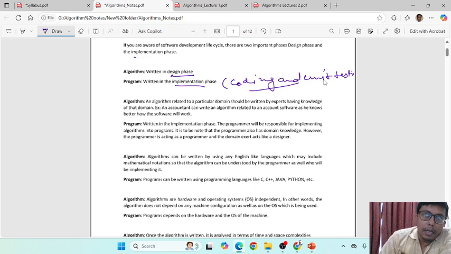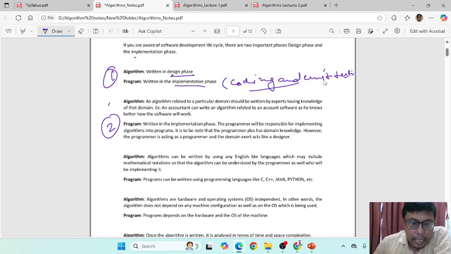So the programmer should have the knowledge of the language in which he or she is writing the program, as well as the knowledge of the domain on which he is actually working, or intends to develop the software. Okay. So this is the second difference. This was the first.